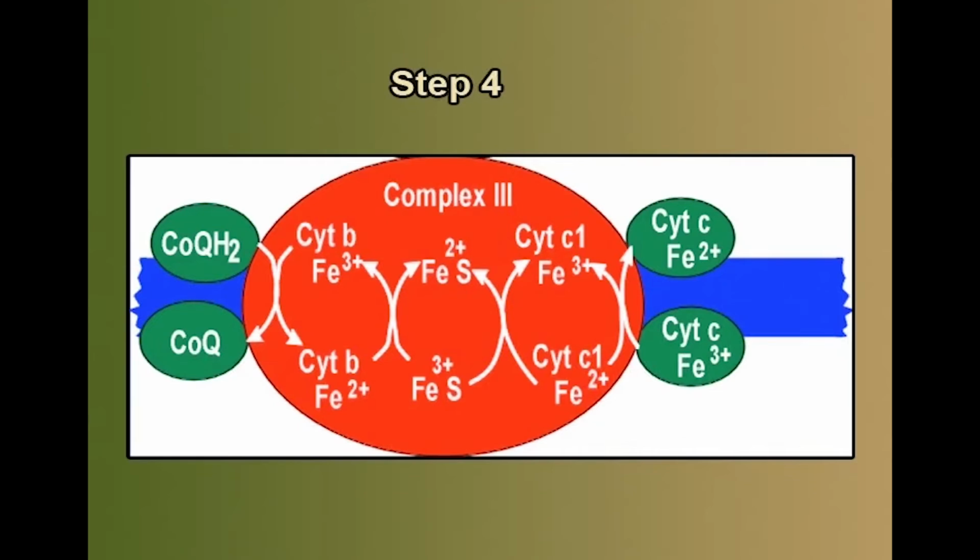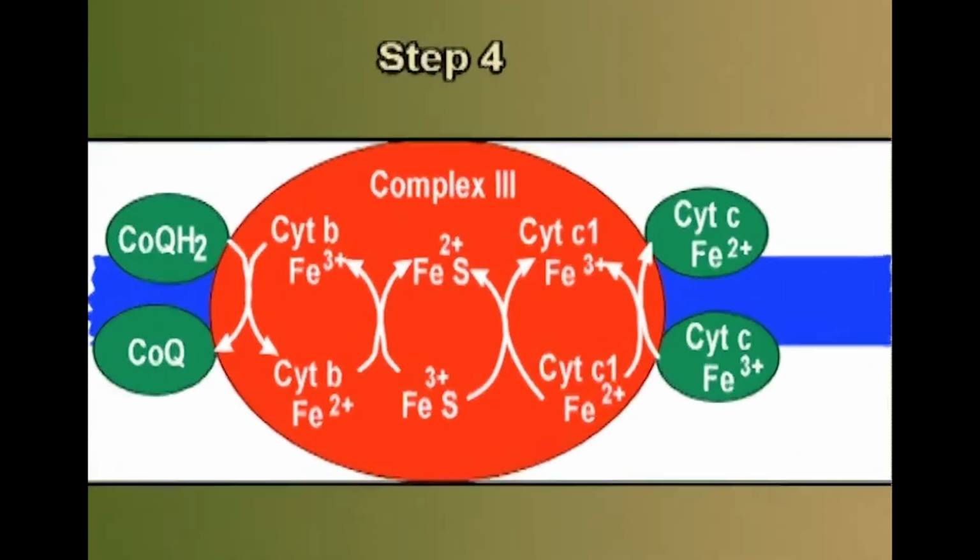So, in step 4, cytochrome C is another small mobile protein, as I have already told, which accepts the electrons from complex 3, and ferric is reduced to ferrous again and shuttles them to the last electron transport protein chain, that is complex 4.